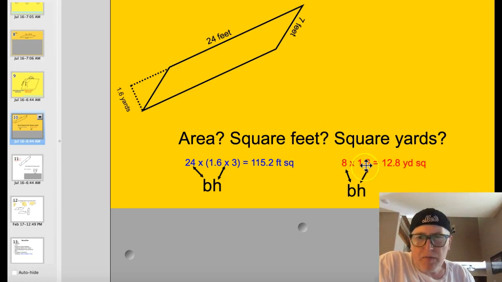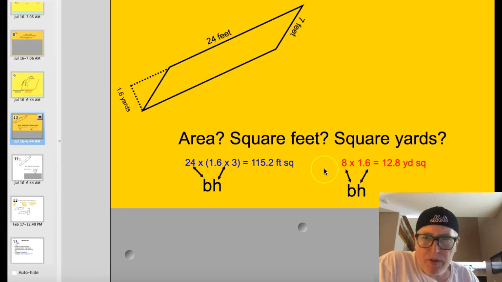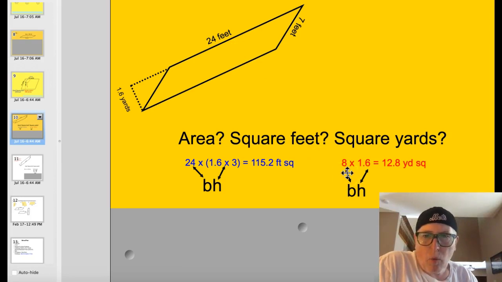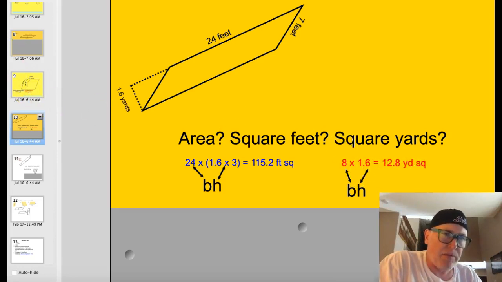Same thing over here. Now you have to divide the 24 feet by 3. So 24 divided by 3 is 8. 8 yards times 1.6 yards gives you 12.8 square yards. All right, there's your "yeah, but."